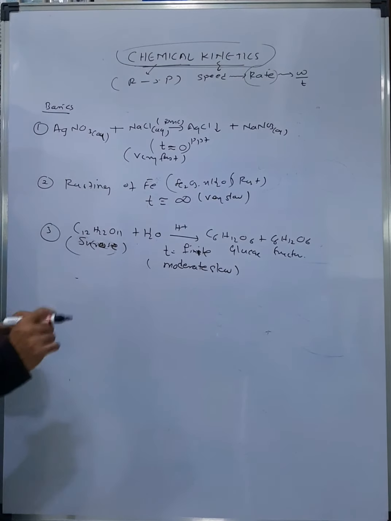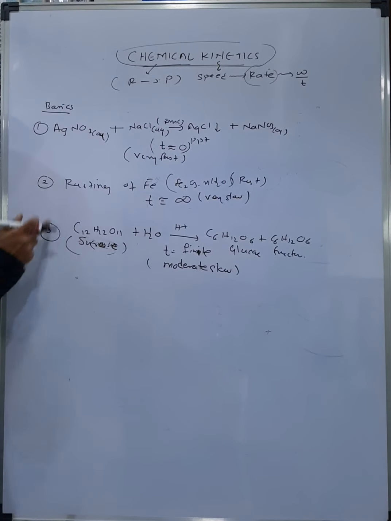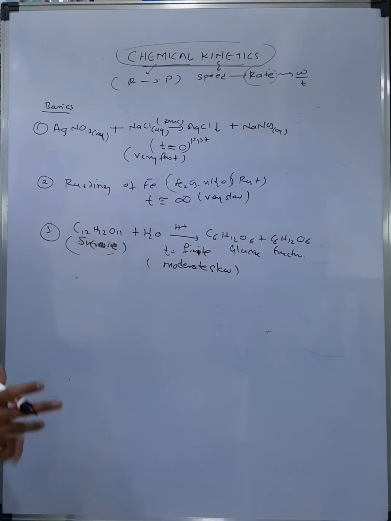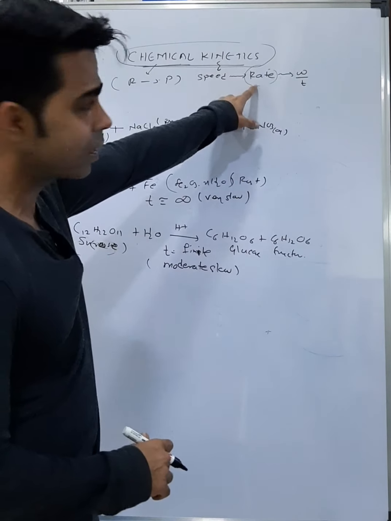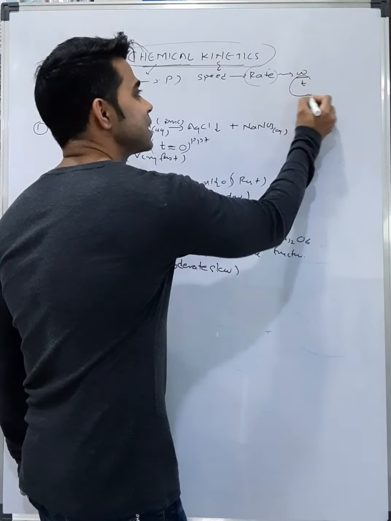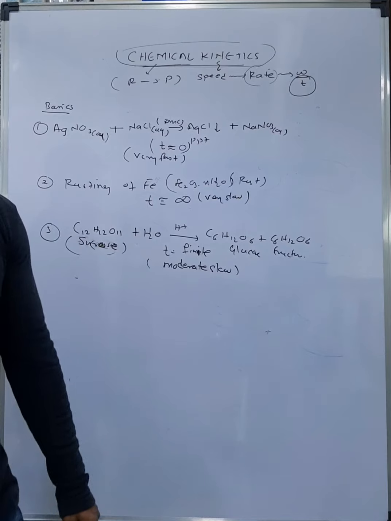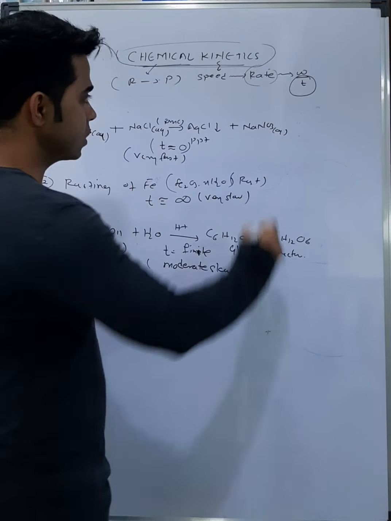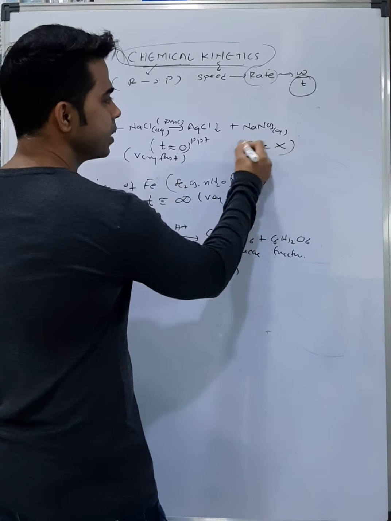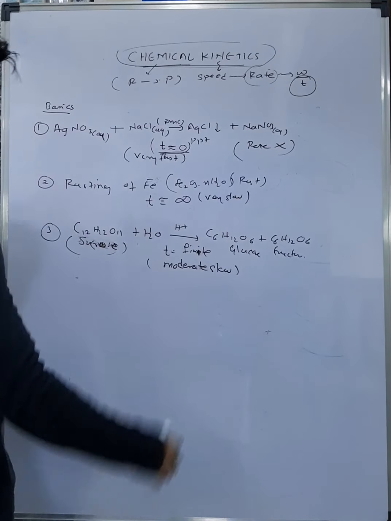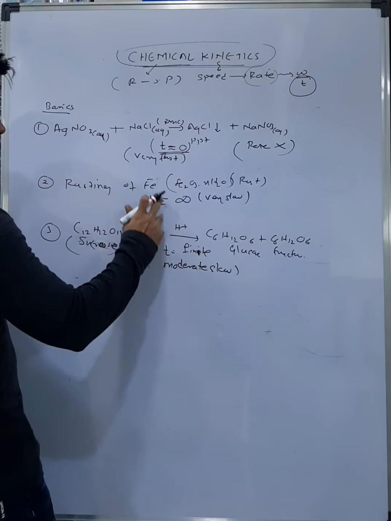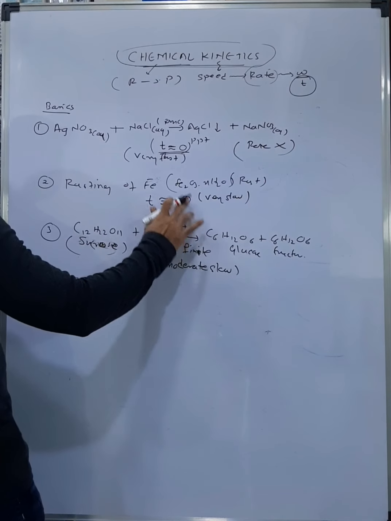So सबसे पहला question ये है कि इन तीनों में से कौन से reaction में we'll try to study the speed. So the speed of the reaction is governed by the factor that is rate, and rate is nothing but work done upon time, और time should be finite. तो इस condition में आप rate study नहीं कर सकते because your time tends to 0, anything upon 0 आप calculate नहीं कर पा रहे. Here it is a very very slow reaction where the time is finite.